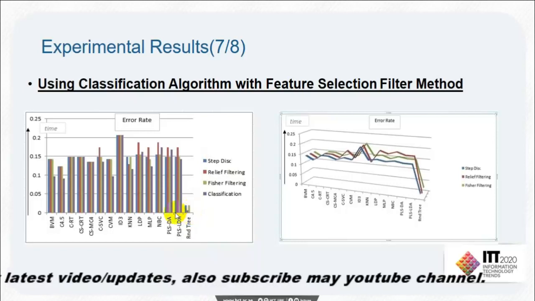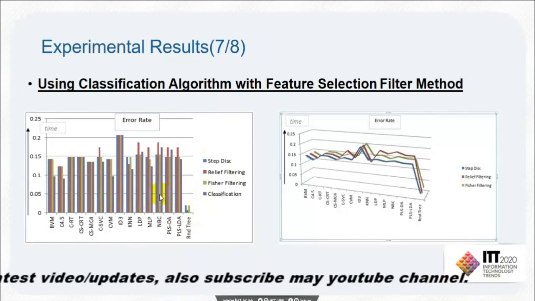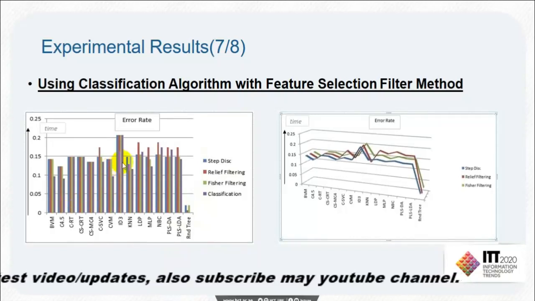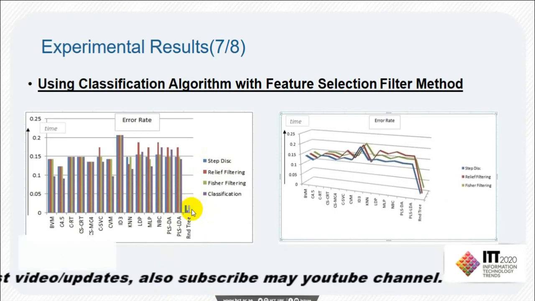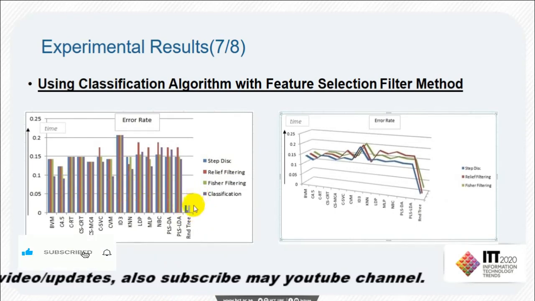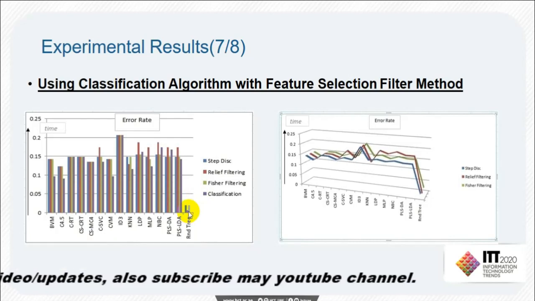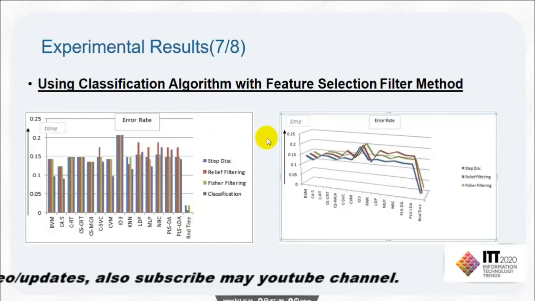From this section you can see all the green colors representing the classification algorithm, while the other colors show the filter methods, and you can clearly see that the green color has a lower value in almost all sections compared to the other bars in respect of error rate.